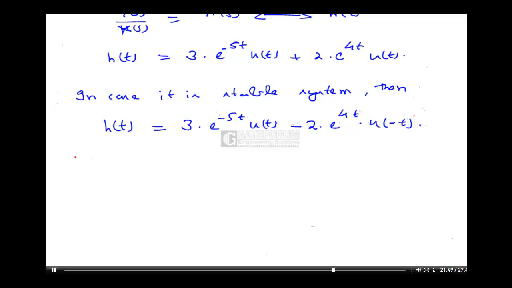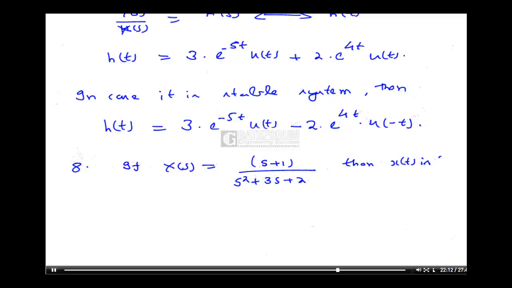Now solve these questions. If X(s) equal to s plus 1 upon s square plus 3s plus 2, then x(t) is question mark.